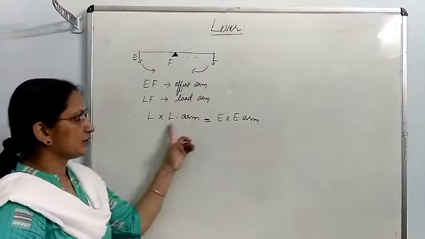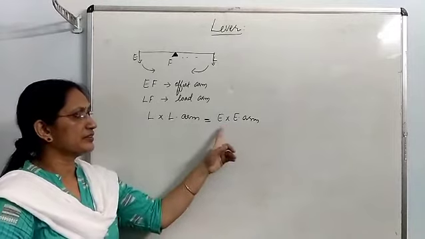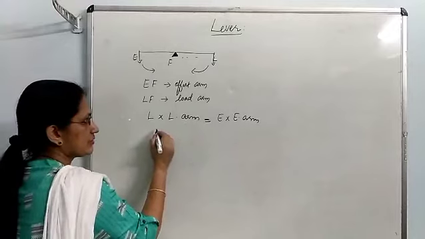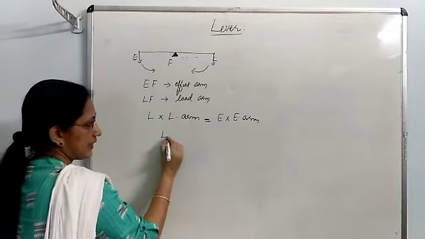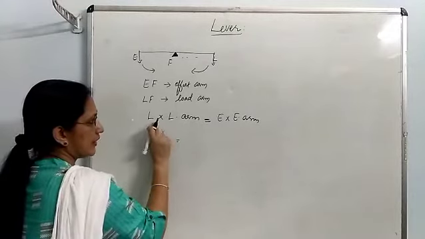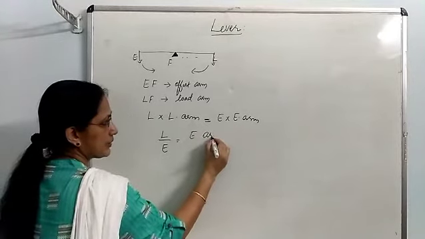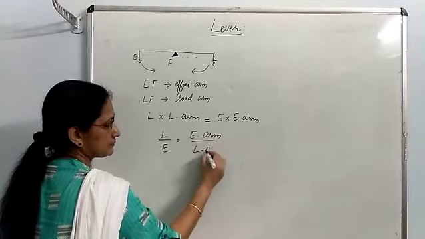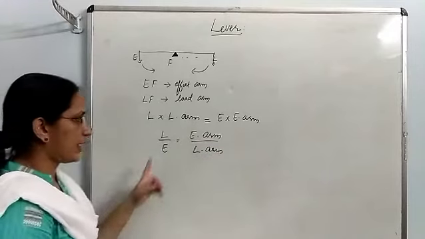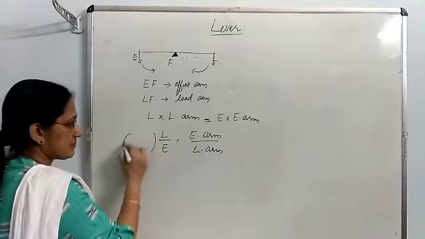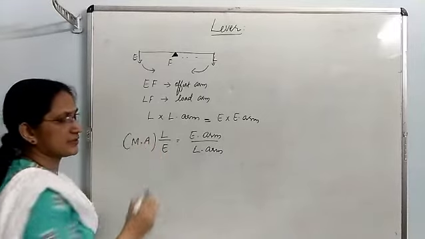Then in equation form we can write the principle of moments like this. Then rearrange the equation. Bring E to this side. L upon E is equal to effort arm by load arm. L by E ratio for any machine is known as mechanical advantage.